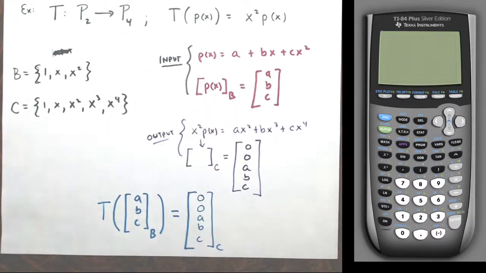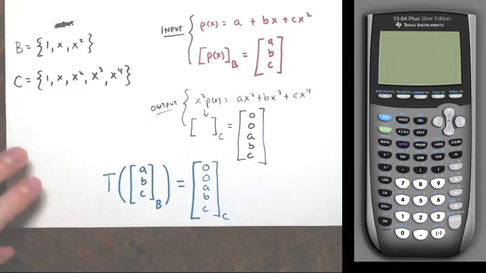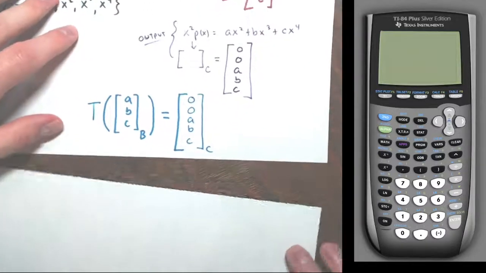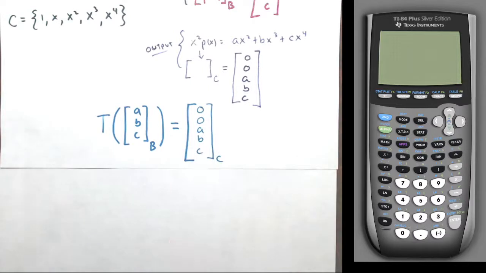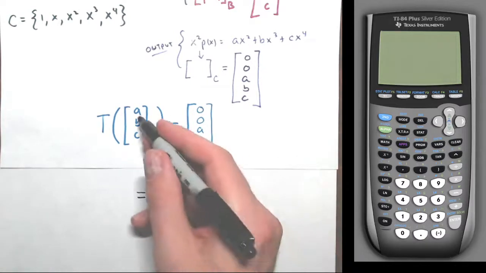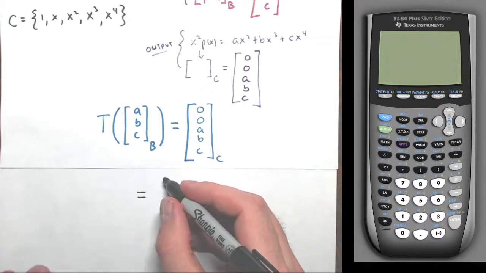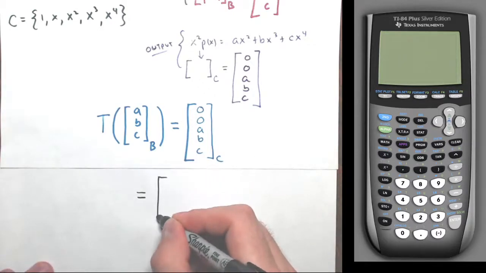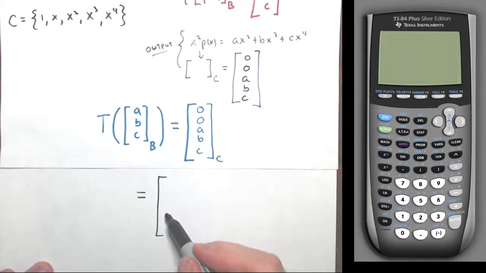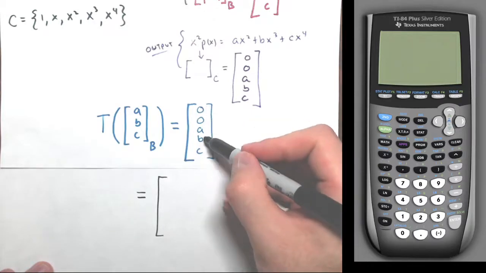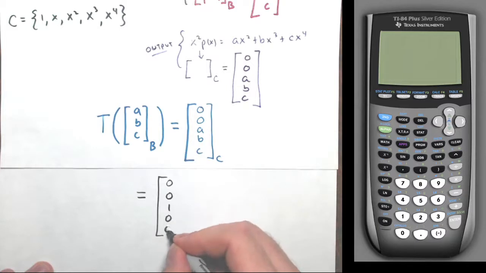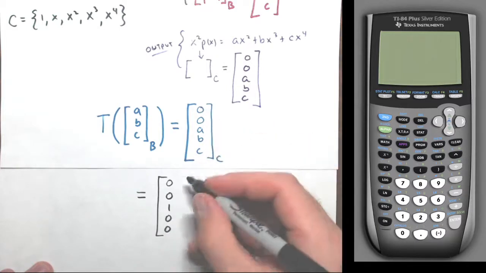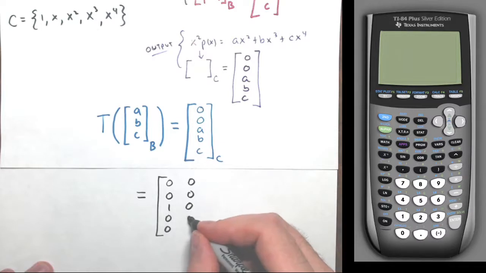And then, as I did before with the Euclidean space linear transformations, I should be able to write this as a matrix transformation. I should be able to write this output as a matrix times the input vector a, b, c, and this will be a 5-by-3. 5 rows, 3 columns. Down the first column, the coefficients of a in the output: 0, 0, then 1, then no a and no a. Then the coefficients of b: 0, 0, 0, 1, 0.